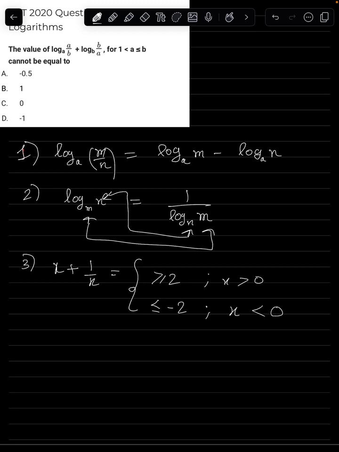X can't be 0, otherwise it will become undefined. So we are checking just whether it is positive or negative. And x can be anything. It doesn't need to be a linear value. It can be a constant.